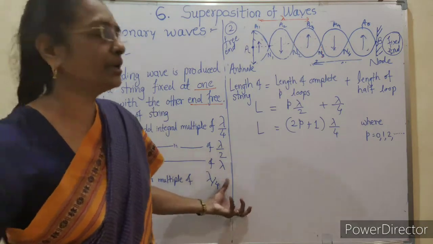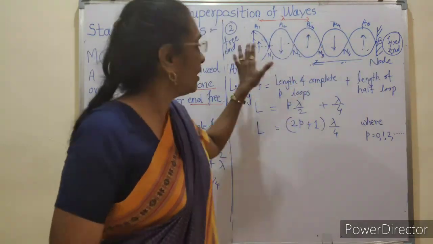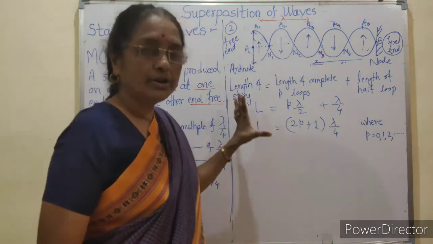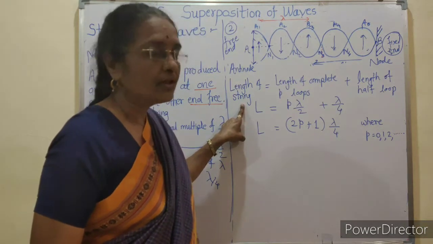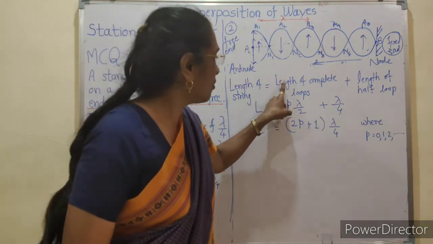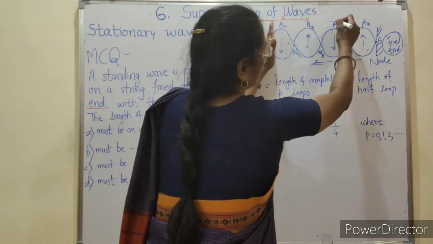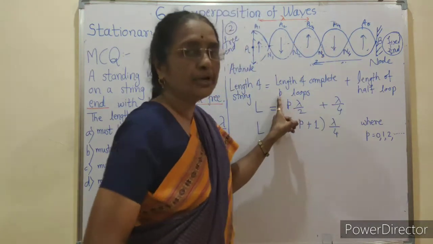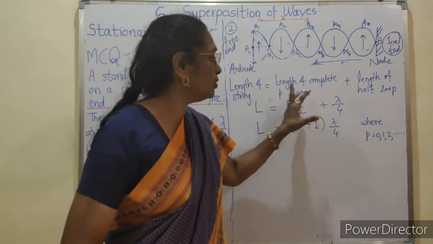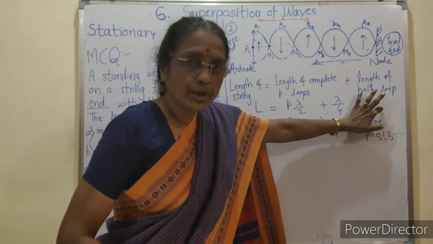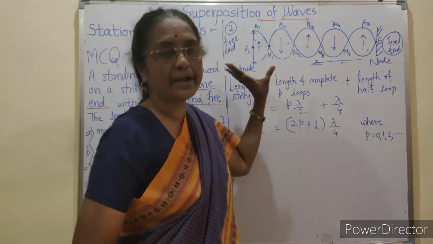We have just formulated one formula for a string which is fixed at one end and free at the other. Again we read that formulation. Here the length of string is adjusted for the length of complete P loops. In this example there are 4 loops, but we take general P loops, meaning 1 loop, 2 loops, 3 loops, 4 loops, plus, and we have also explained that at the free end there must be an antinode.